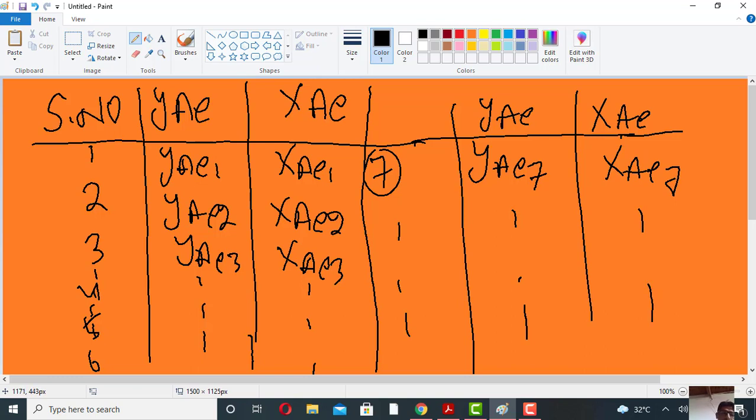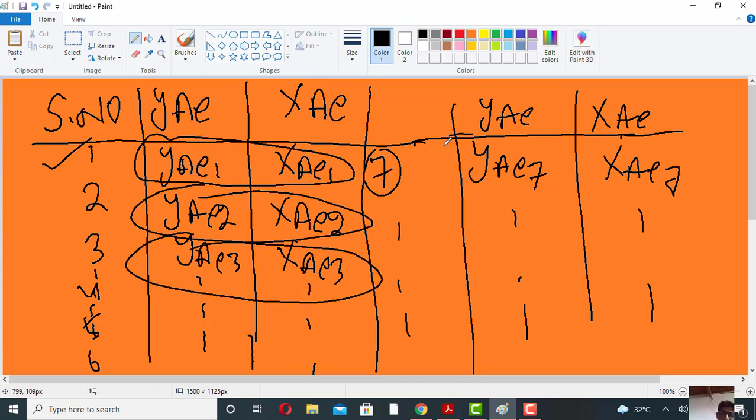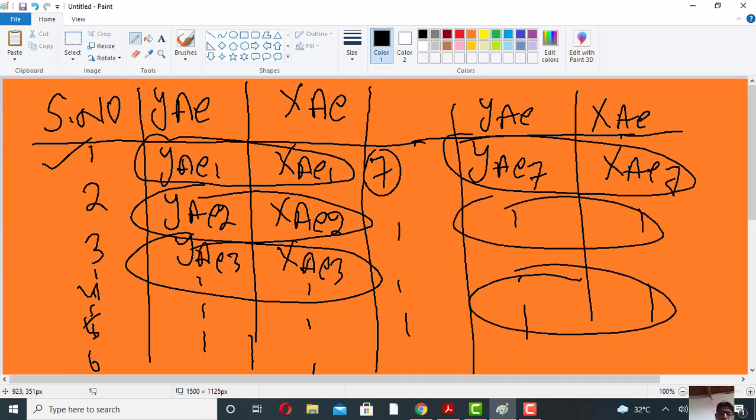Then we plot these points. These points are called equilibrium points, or the equilibrium data. We plot these equilibrium points on graph paper.